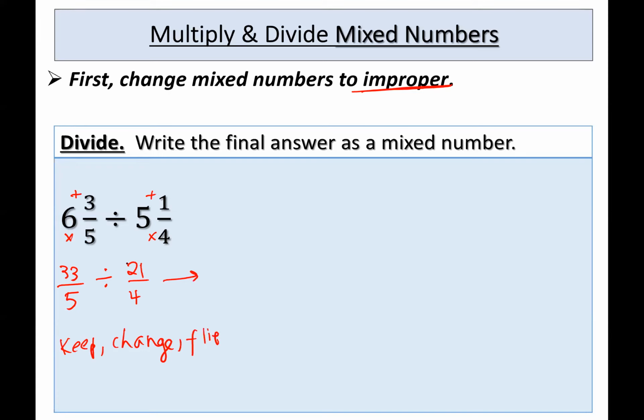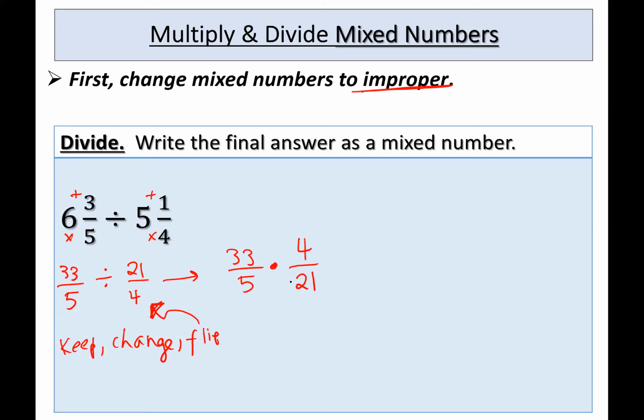Okay, so I'm going to rewrite this now. 33/5, I keep that. I'm changing the division sign to multiplication, and now I'm flipping that second fraction. So the 21/4 is now 4 over 21. Now I will multiply across, and let's see if we can reduce along the way. 4 and 5 do not have any common factors, but 33 and 21 do have common factors.